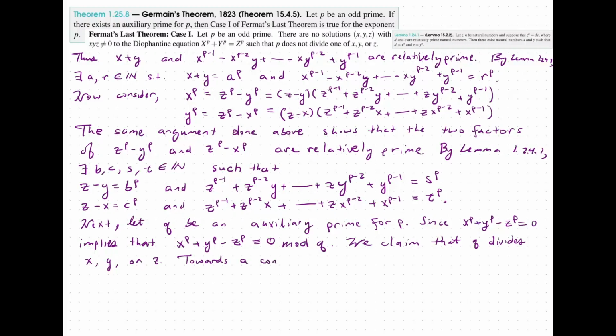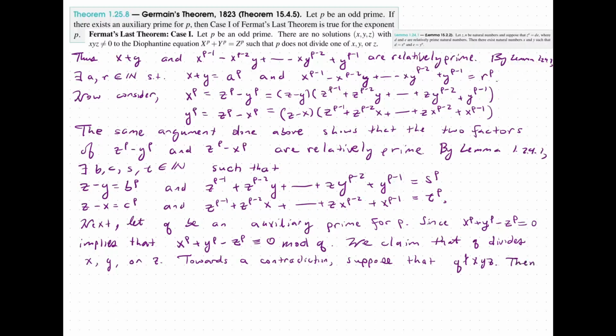So towards a contradiction, suppose that q does not divide x, y, z, the product. Then it can't divide x, y, or z. But if q does not divide x, that tells us that x is a multiplicative residue modulo q.